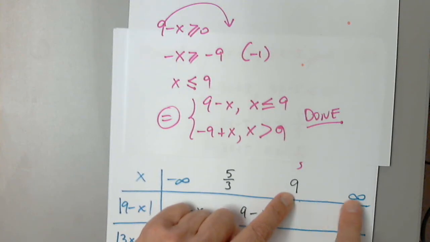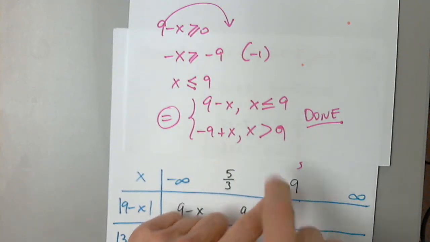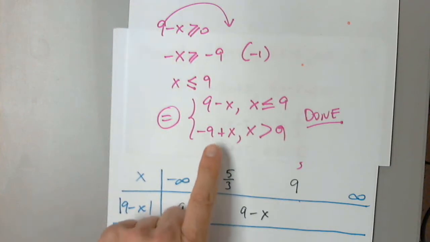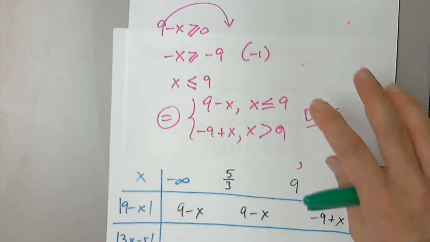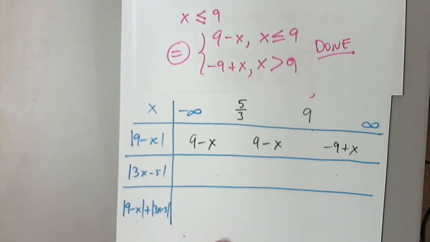To the right-hand side of 9, this expression can be replaced by negative 9 plus x. In this table, I'm not inventing anything. I'm just summarizing what I found so far. So that says, to the left-hand side of 9, you can replace it by 9 minus x because that's what it is. But to the right-hand side of 9, that expression can be replaced only by negative 9 plus x.